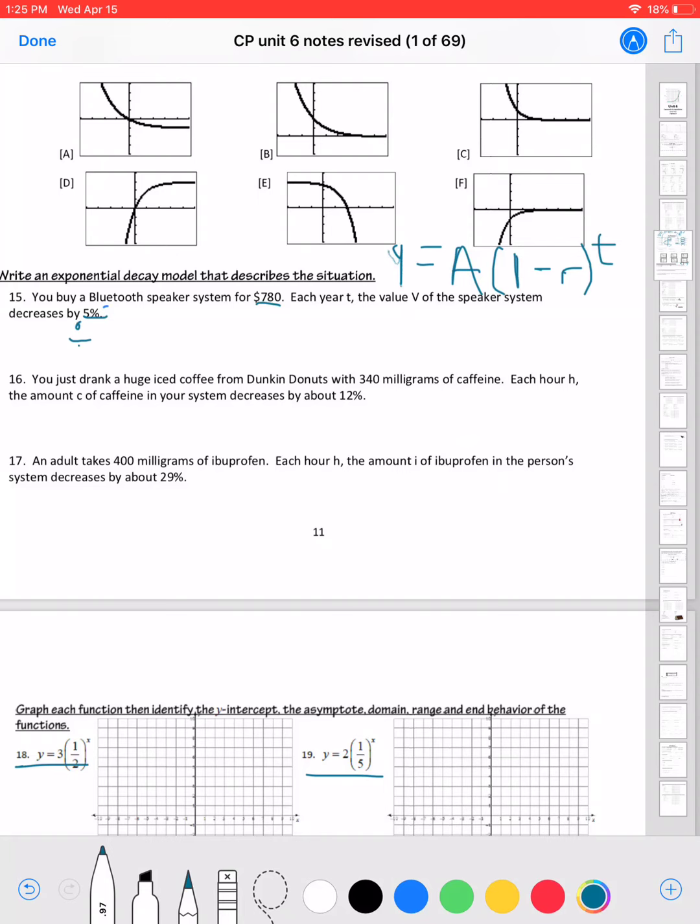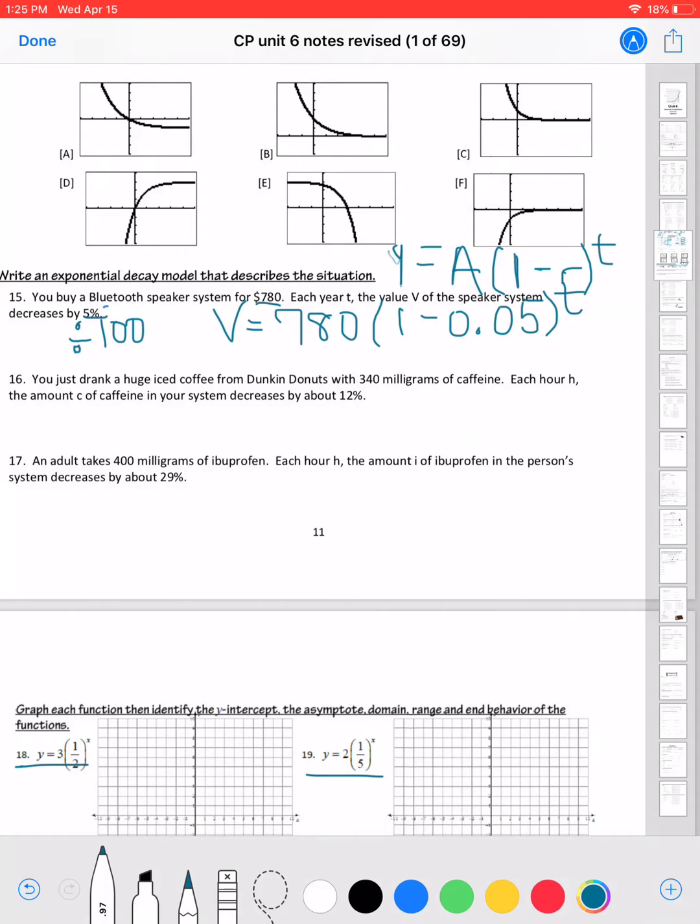Again, to get a percent into a decimal, you need to divide by 100. So I'm going to take 780, and it says V instead of Y, so V is equal to our original amount, 780. I'm going to put parentheses and 1 minus, hopefully you know 5% is 0.05, all to the t power.